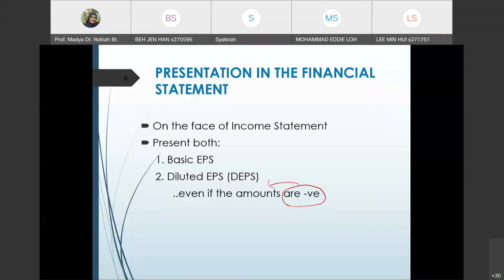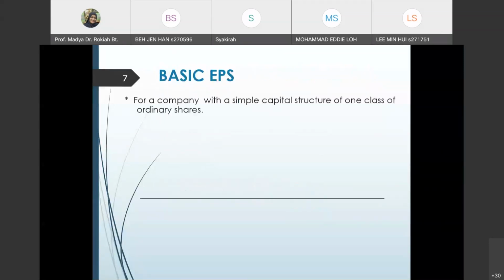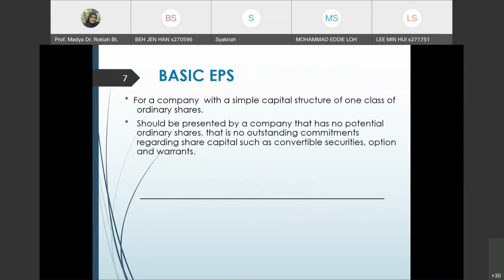For basic earnings per share, a company with a simple capital structure maybe has only one class of ordinary shares. A simple company is one that has no potential ordinary shares, with no outstanding commitment regarding share capital such as convertible securities, options and warrants.